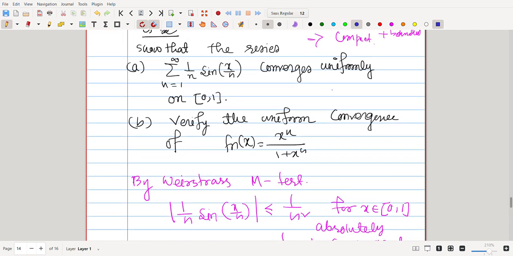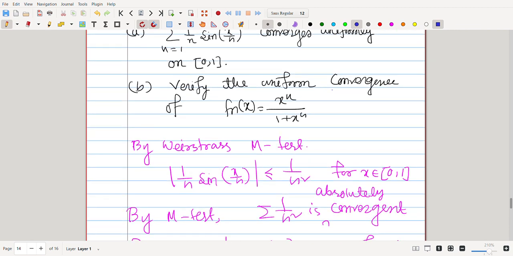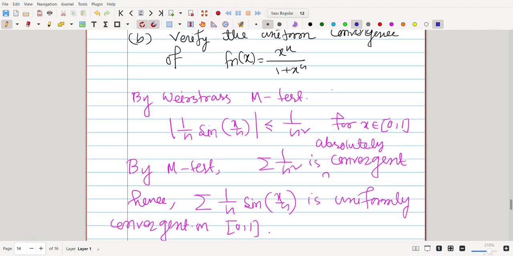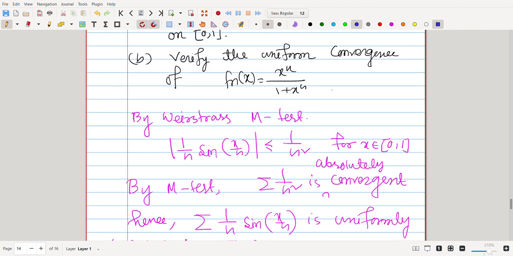Part B. Verify the uniform convergence of f n x equal to x to the n by 1 plus x to the n on 0 infinity, I think. Let me check. We have defined a sequence of functions, so we need to define the domain also, on which it is defined. I forgot to write it.